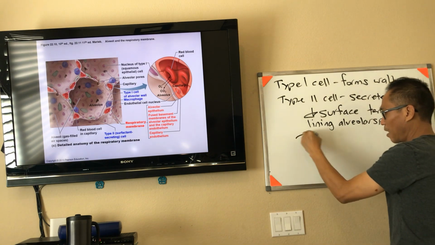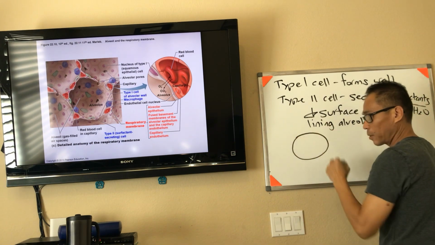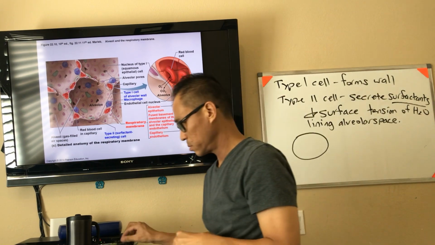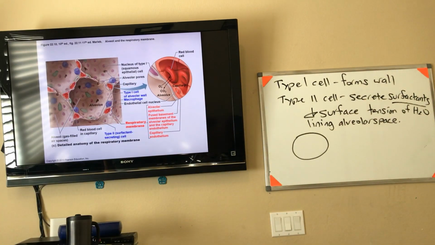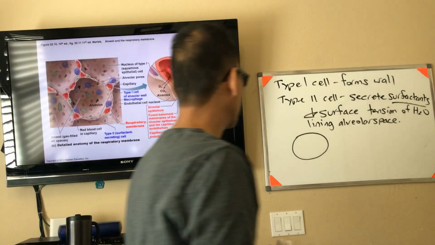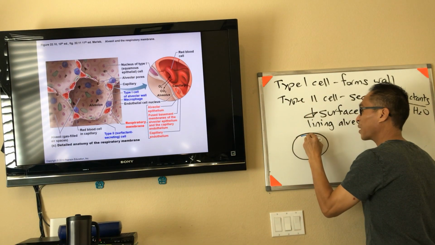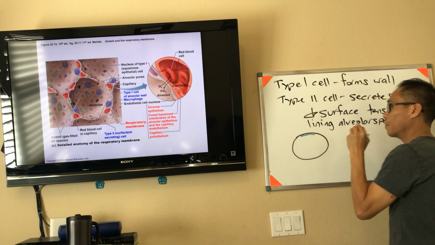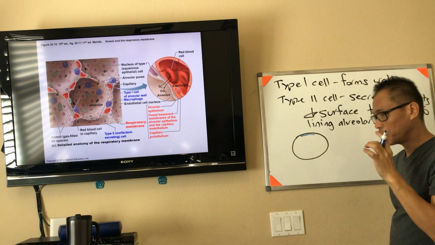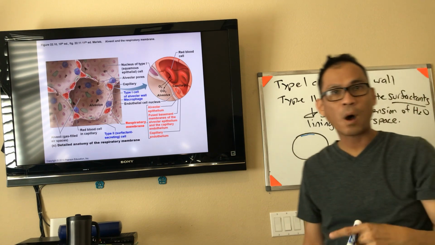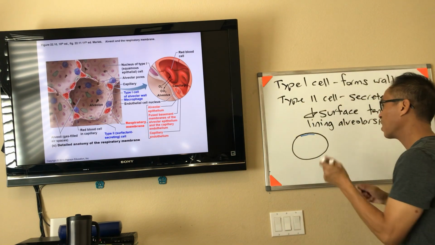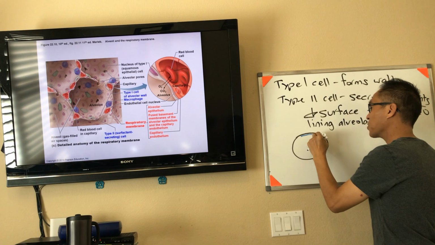So imagine this is the alveolar space. It's lined with water. Imagine all these water droplets forming a thin layer of water. What you want to do is get between the water molecules. So pretend that's a surfactant.